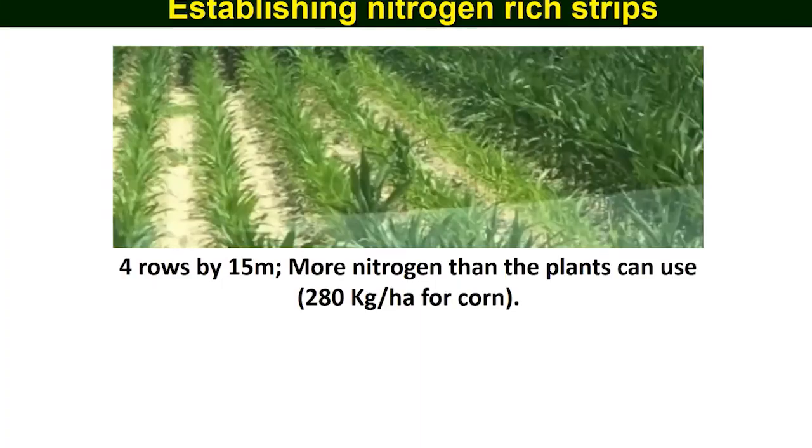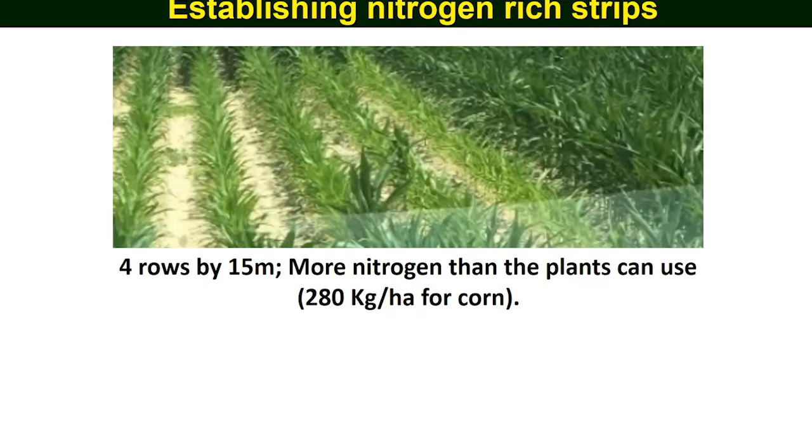And so we have to place the enriched strip, establishing the nitrogen-rich strip, which would be a number of rows with more nitrogen than the plant can take or use. And now, I mentioned we measure the enriched and we measure from the field. That's response index. And if the response index is 1, it means we need to apply 0 nitrogen.